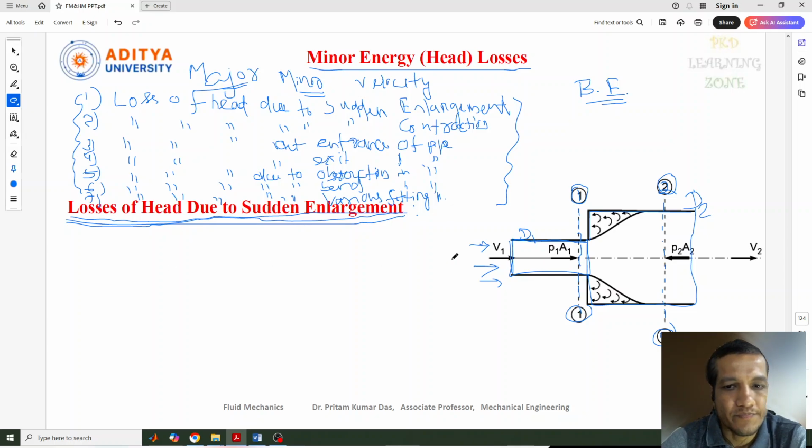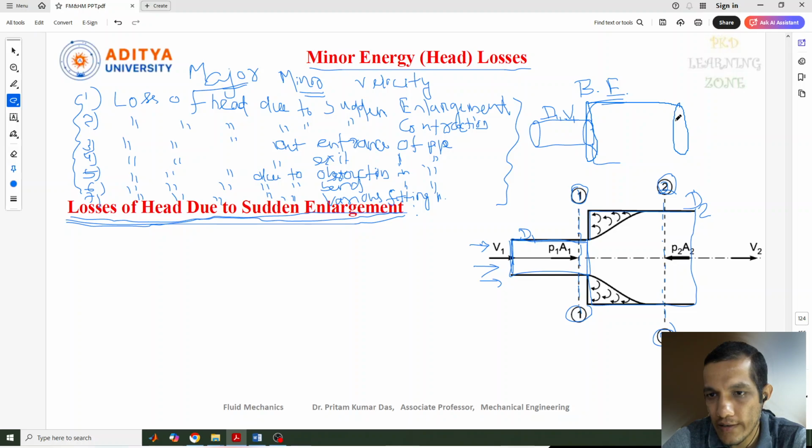At section 1, a few parameters are related to this section, that means a smaller diameter. This is the pipe with diameter d1, and the fluid is flowing with a velocity v1. Now suddenly this pipe changes to a bigger diameter compared to the previous one, like this.